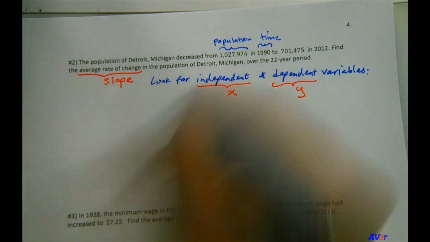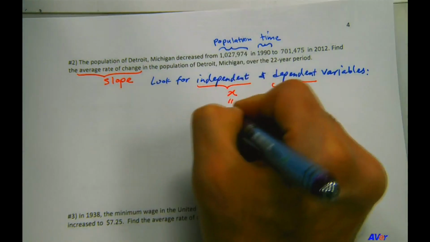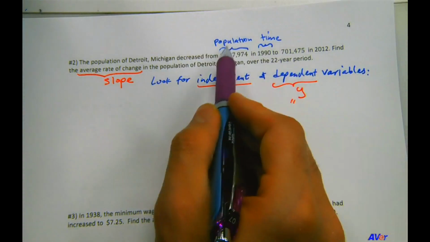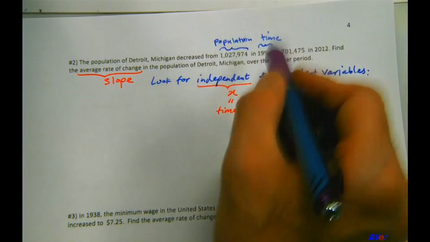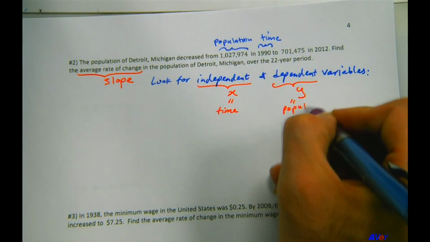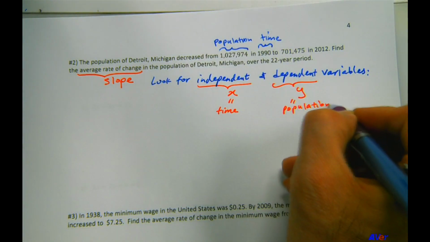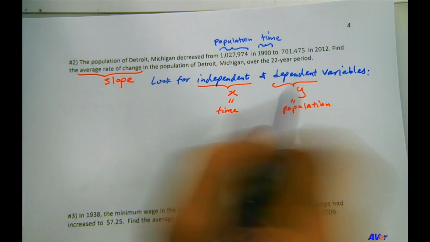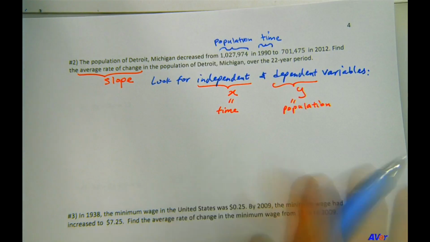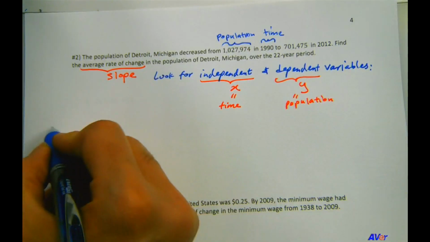So that would be time, and the y value, which is the dependent, would be population. Population depends on time. Okay? As soon as you establish that, now we have something to work with. So let's set it up.